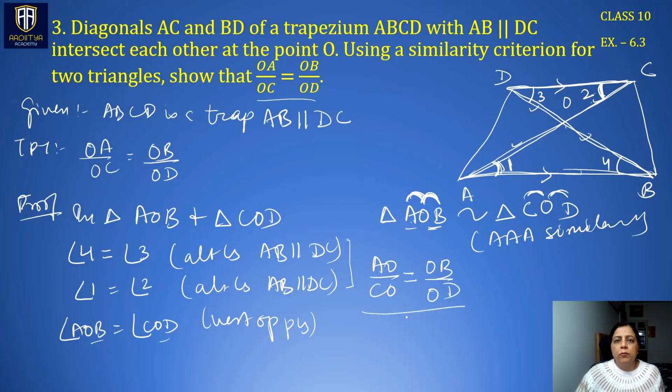You don't have to look for the proper letters. It is obviously equal to the same parts when we write them in a proper order. So AO upon CO is equal to OB upon OD. Right? These are the corresponding sides of similar triangles. Hence we have proved. Right?